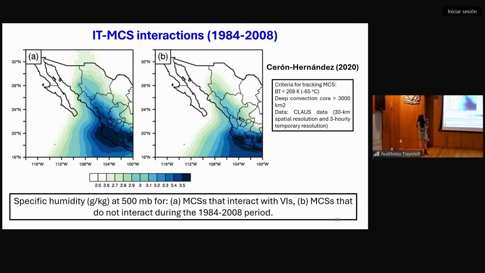We also found a signal at middle levels where the mesoscale convective systems can transport humidity outwards, until the desert of Arizona, part of Arizona, when compared to the mesoscale convective systems that do not interact. So the interaction between the inverted troughs and the mesoscale convective systems is very important for defining whether the North American monsoon season is going to be active or intense.